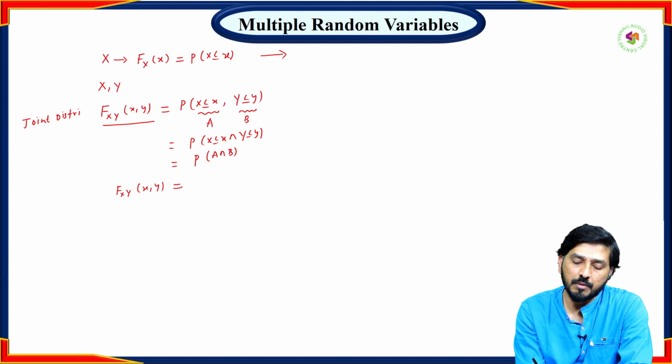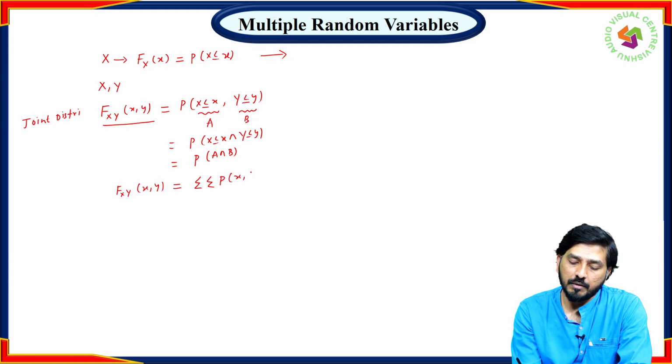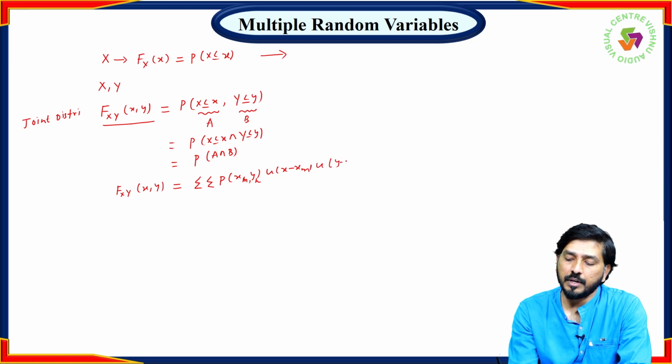The formula for that is a summation. As we have two random variables, we go for two summations: the probability of x_m, y_n, with the individual step functions u(x minus x_m) and u(y minus y_n).